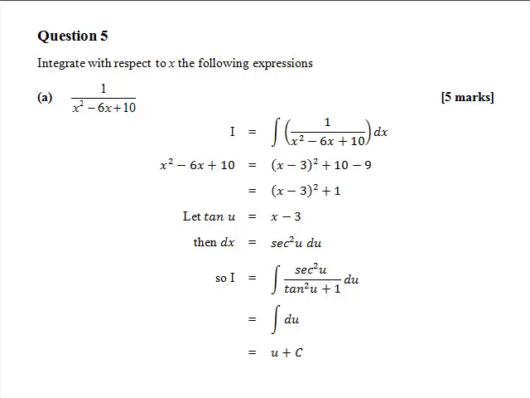Integrating du, we get u plus a constant. Now tan u is equal to x minus 3, so u is equal to arctan of x minus 3 plus a constant. And if you got that far, you deserve the 5 marks.